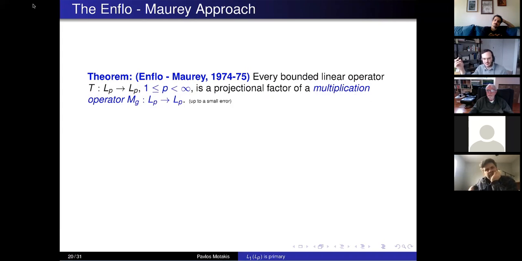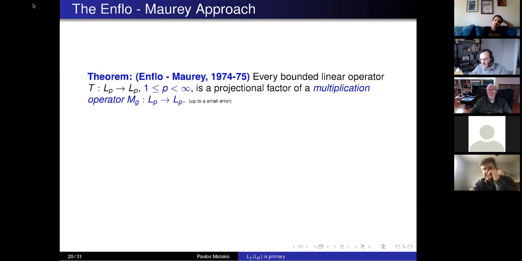But this proof is definitely more involved than the previous one, where you just use the canonical projectional factorization process. So this is a deeper result. But the comment is that this was deemed to be entirely necessary for the case p equals 1, because people back then had no clue about what to do with Haar multipliers in capital 1.